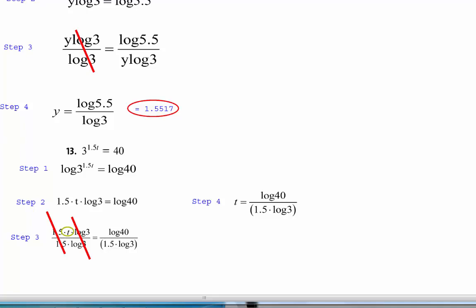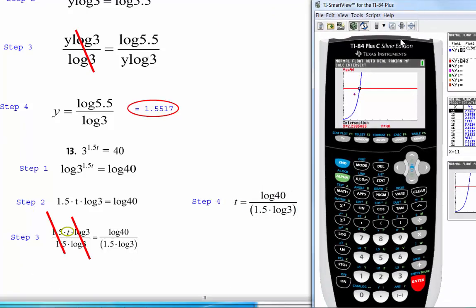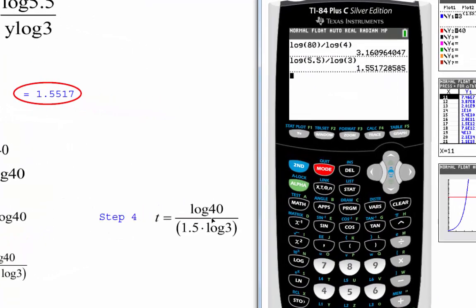So I can enter this into my calculator. And again, remember from when we graphed it, we know the answer should be 2.2385. So let's verify using our calculator. All right, so we're going to have log base 10 of 40 as my numerator, divided by, and I put the whole denominator in parentheses, 1.5 times log base 10 of 3.